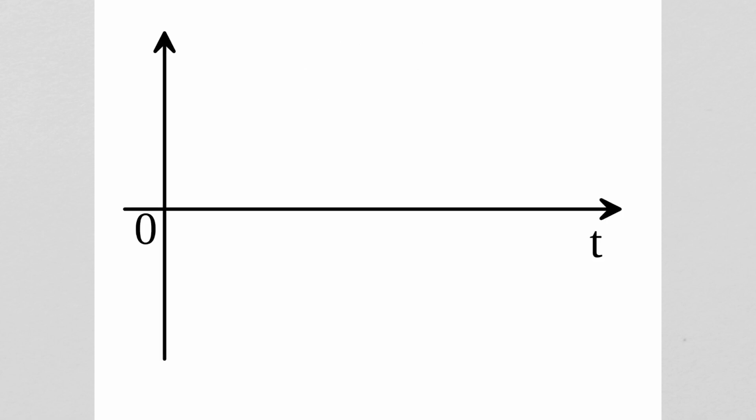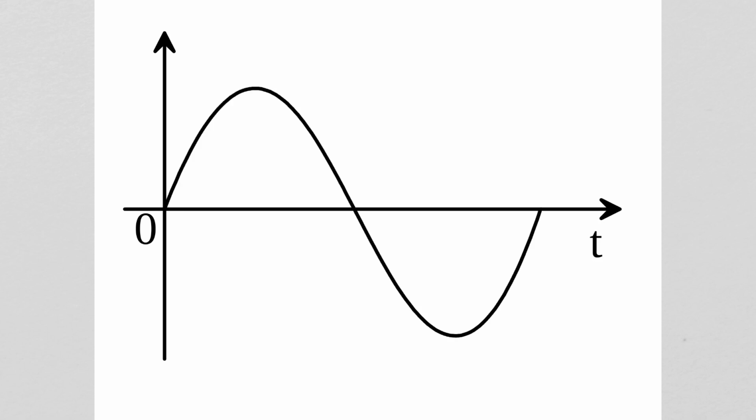So let us say we have an oscillogram with the x-axis the time axis, and let us put a voltage wave shape. The input voltage to the rectifier capacitor filter is a sine wave because we are taking it from the AC source, and it has a peak maximum amplitude of Vm.